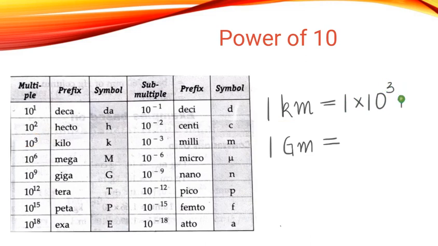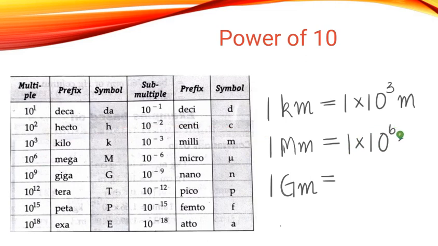Similarly, you have 1 megameter. Look, this is capital M. For milli we have small m, but if it is capital, it represents mega. Mega is how much? 10 to the power 6. So 1 megameter will be 1 multiplied by 10 to the power 6 meter.